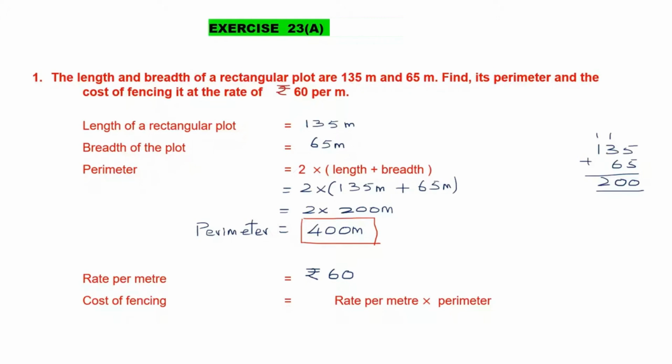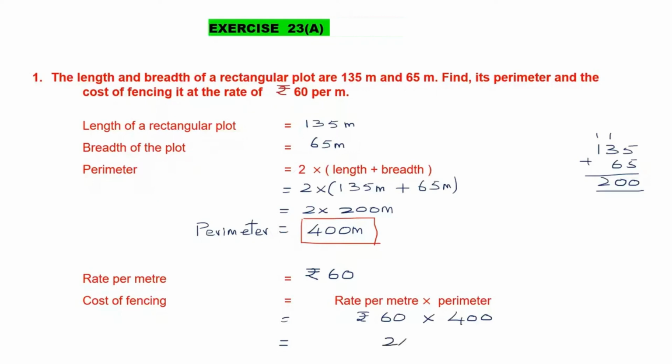Okay, so for 1 meter it is 60 rupees, that is the rate. Now we have to find for 400 meters, which is the perimeter. So we have to multiply 400 into 60. Now whenever numbers end in zeros, it's very easy to multiply. Ignore that and just multiply 6 and 4. 6 fours are 24.